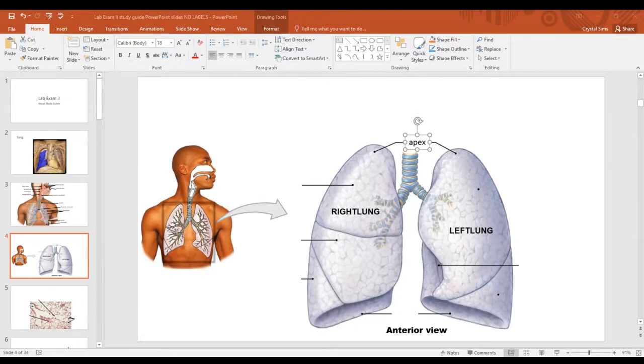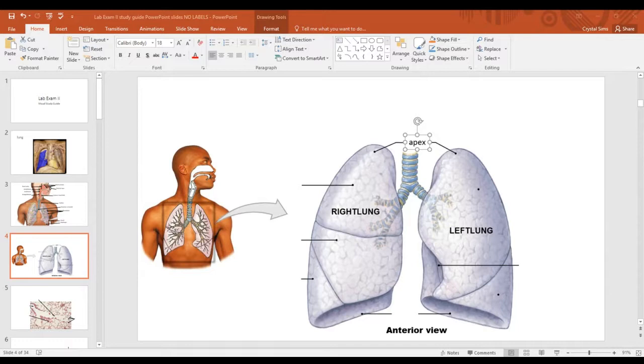Alright, so got the alveoli, and then this very last structure here, this kind of upside down U structure, what is that? Yes, that is correct. The diaphragm. Alright, so that takes us through our overall view of the respiratory system.